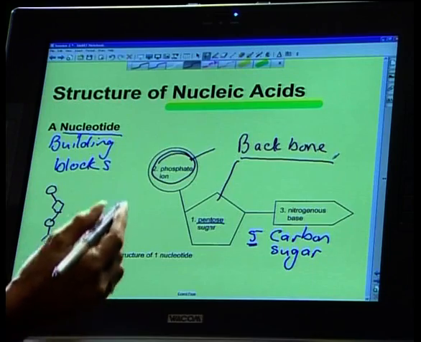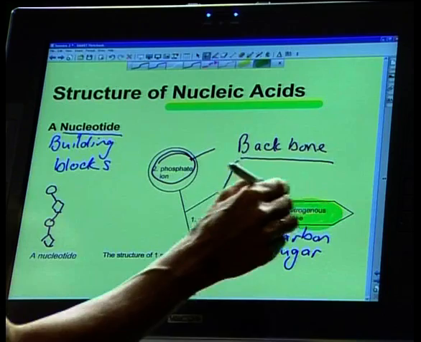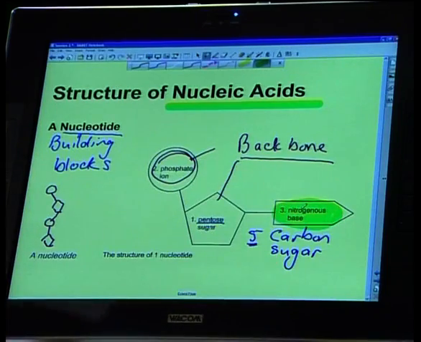And then we have the nitrogenous base, and this nitrogenous base, well, it's pronounced nitrogenous, but you will be forgiven if you say nitrogenous, because nitro means it contains nitrogen because it's the protein part of the DNA.